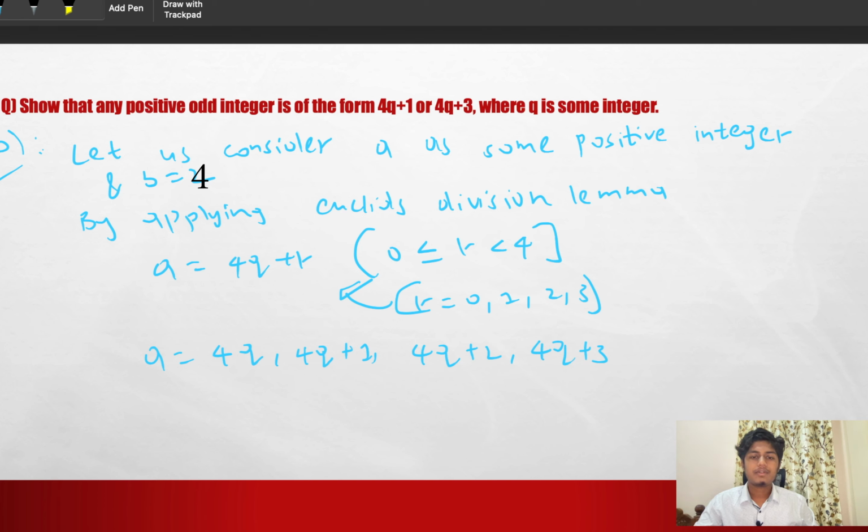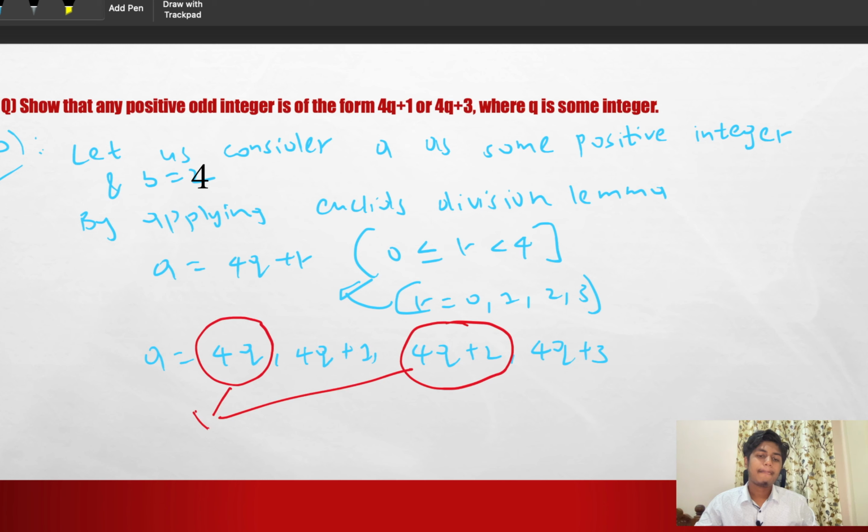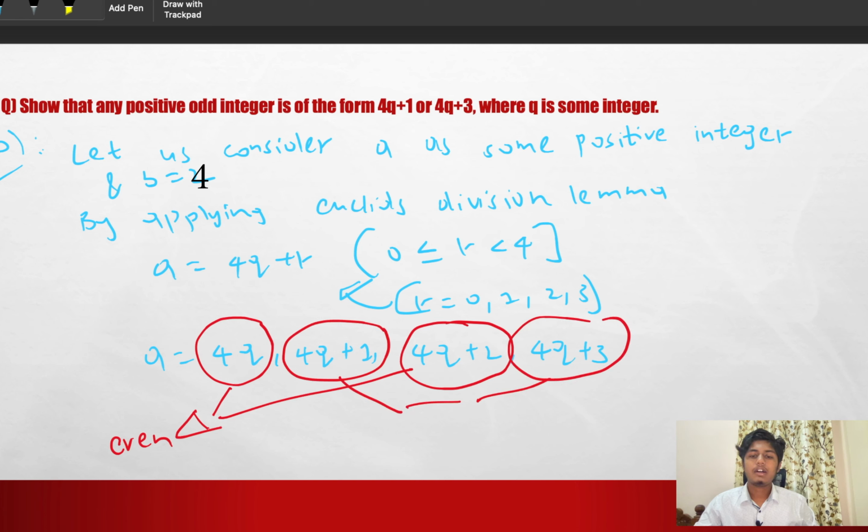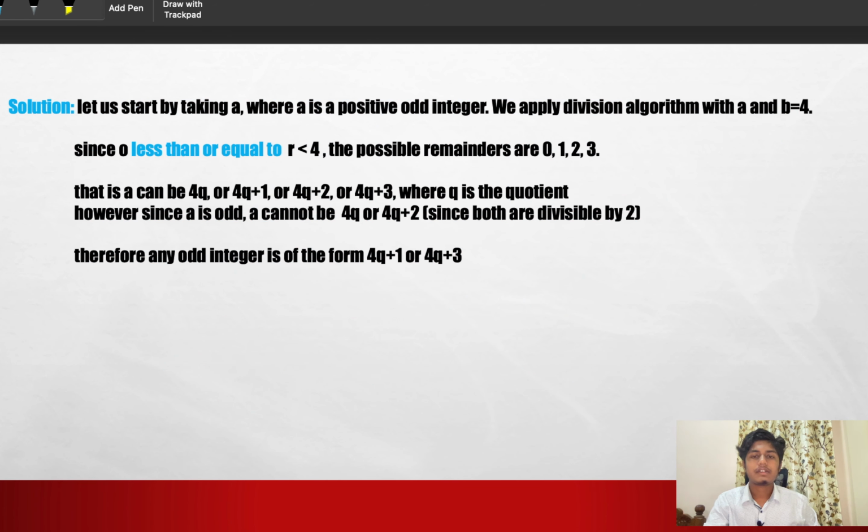Since these two values are the multiples of 2, these two values will become even. These two values are even plus odd terms. So these two terms will become odd. So the positive odd integer is of the form 4q plus 1 and 4q plus 3. The same solution is given here.